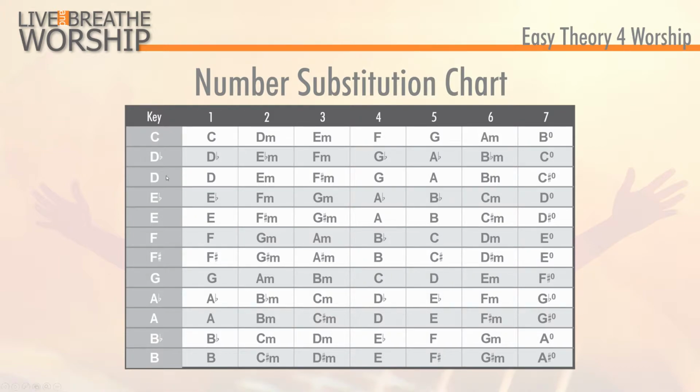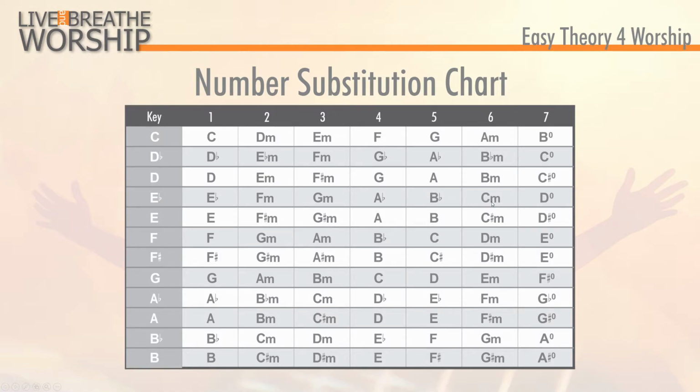So if you have a song in the key of D, you can simply come down here and see its matching number in the other key. For example, the 1 chord in the key of D is D, and the 1 chord in the key of G is G. The 6 chord in the key of E flat is C minor.